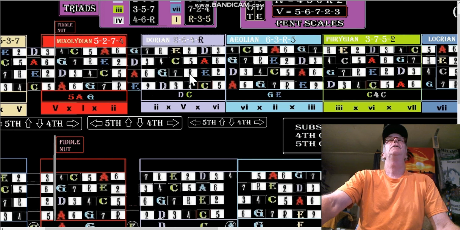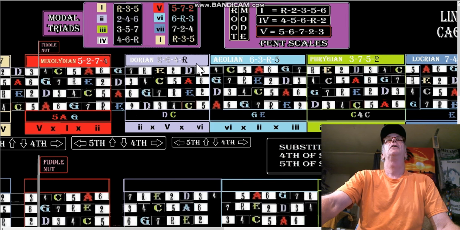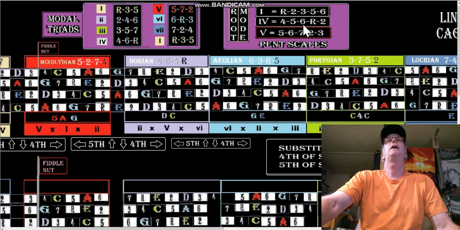Here we've got 3, 3 root 5. If we want to go to its fourth, that's going to be 4, 5, 6. So on this particular box, we would go 4. These are Pent scales, but we want the fourth, which is 4, 6 root in triads. So we go 4, 6 root, like that.